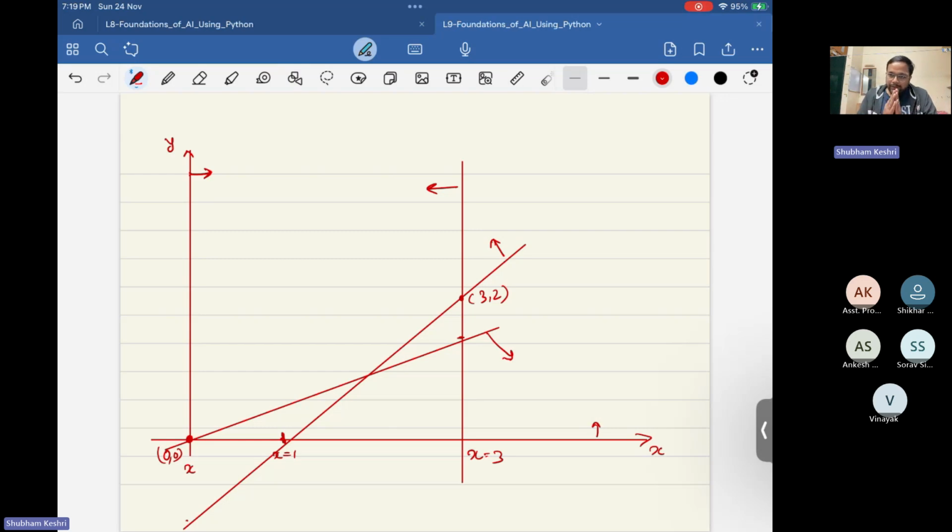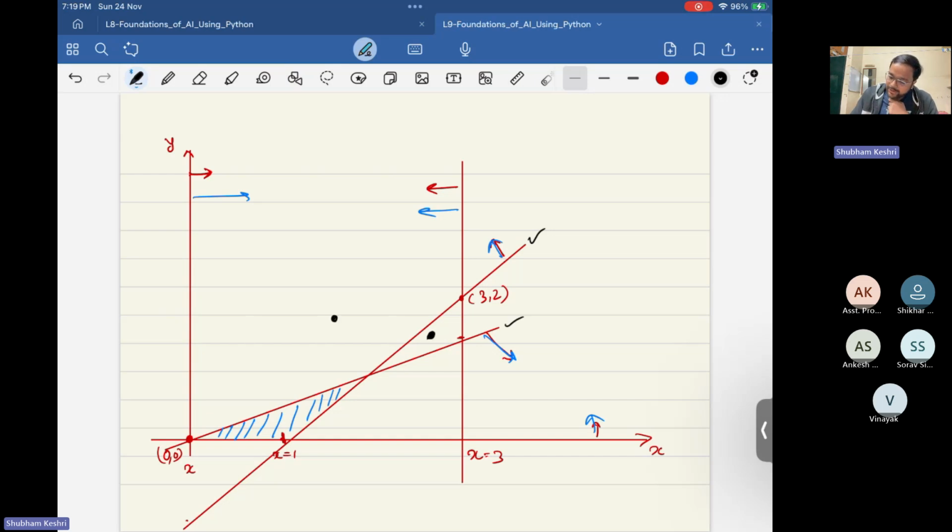Now what you have to do is see what is the region together that satisfies all the constraints. You see over here, this is the region for this constraint, this is the region for this constraint, this is the region for this constraint, and this is the region for this constraint. The intersection of all this is only this region. You take any other region, one or the other constraint will not satisfy. For example, if you go in this region, this constraint is not satisfied.